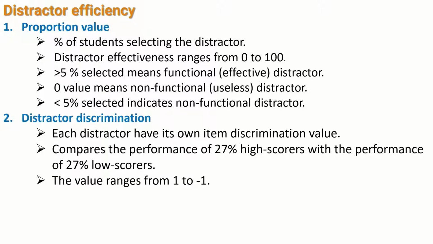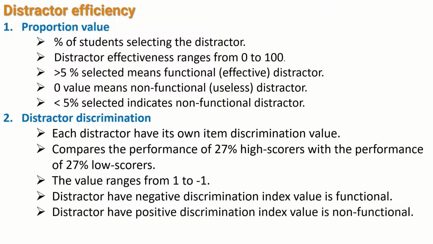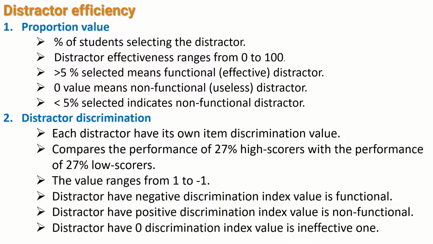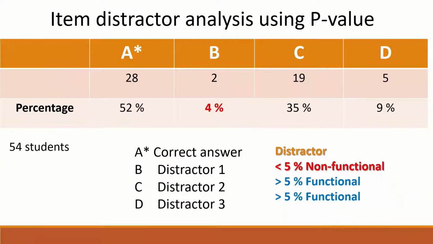The value ranges from 1 to -1, and a distractor that has a negative discrimination index value is considered to be functional, and a distractor that has a positive discrimination index value is considered non-functional. A distractor with an ID value of 0 indicates that it is an ineffective one that needs to be replaced, rephrased, or rewritten.